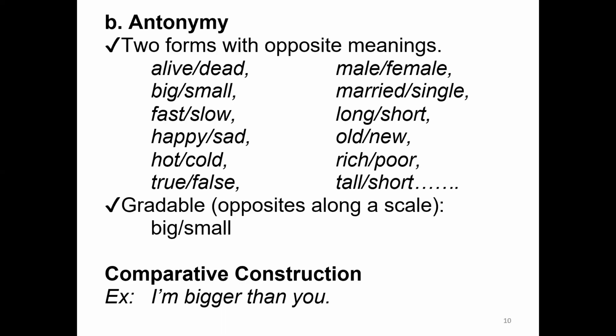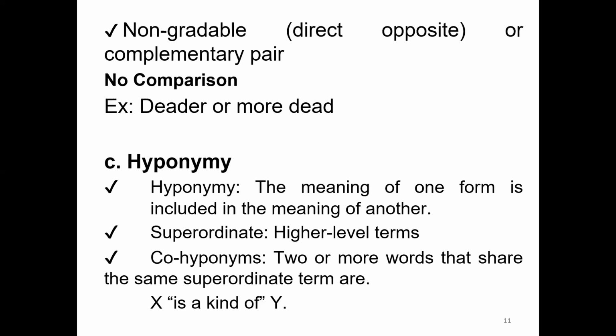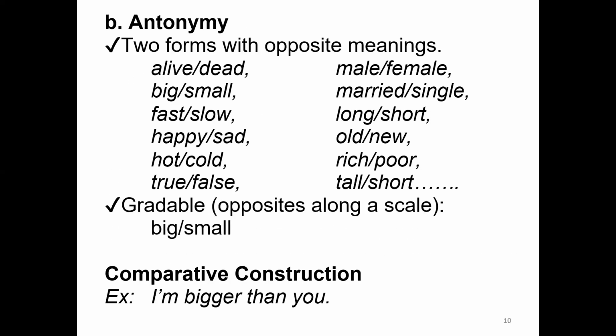One is gradable, and another one is non-gradable. Okay, so if you look at the gradable antonym, this one is probably used to refer to adjectives. The gradable antonym is generally defined as the one which is opposite along a scale. Example like big, small.